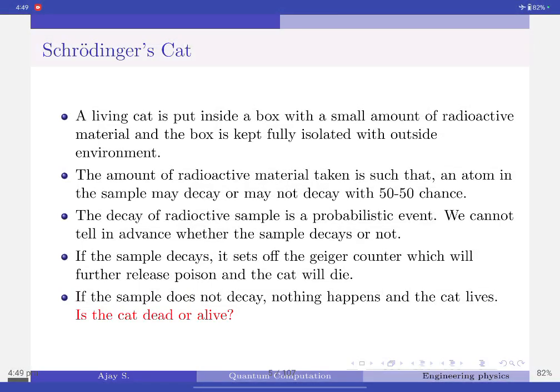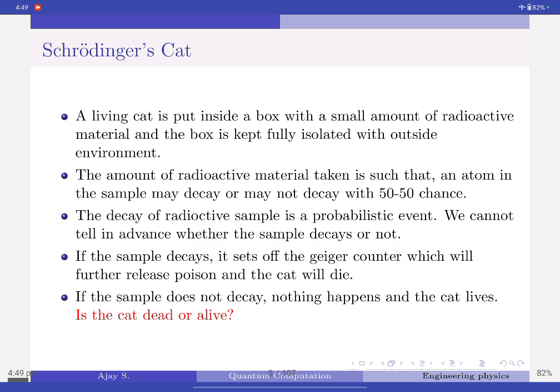So a living cat is put inside a box with a small amount of radioactive material, and the box is kept fully isolated from the outside environment to make sure there is no interaction from the outside. The amount of radioactive material taken is such that an atom in the sample may decay or may not with a 50-50 chance. The decay of a radioactive sample is a probabilistic event.